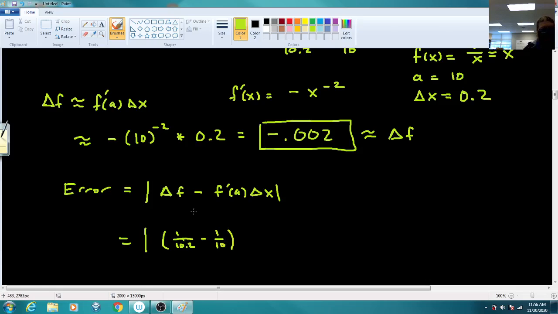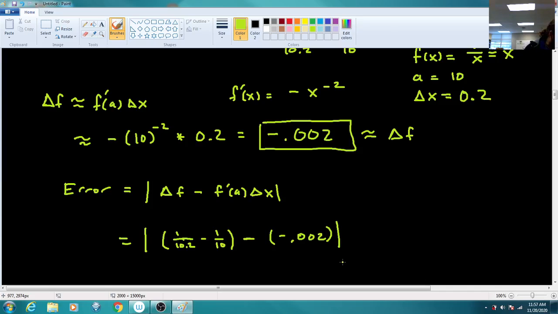That's the actual delta f value. We'll subtract from it our approximation, and that's all in absolute value. So let's see what that is. We get 1 over 10.2 minus 1 over 10, and then all that minus a negative, which is plus 0.002.